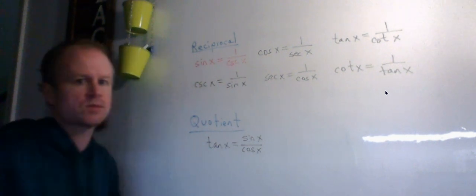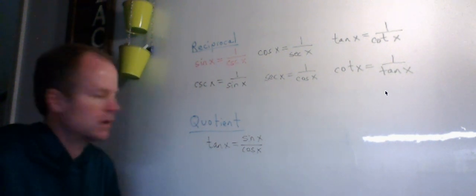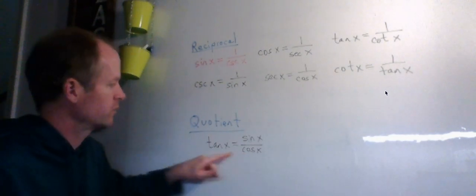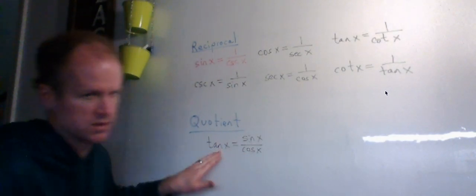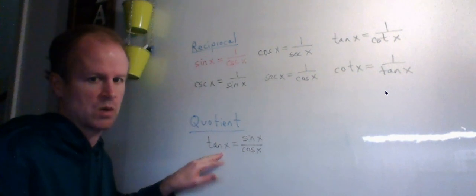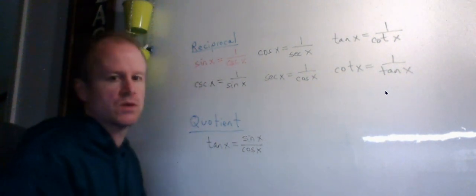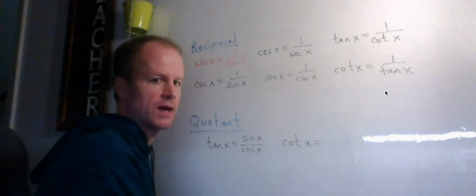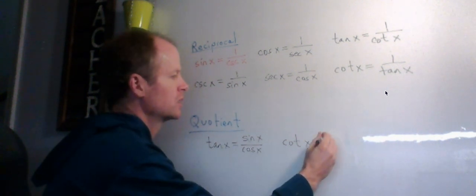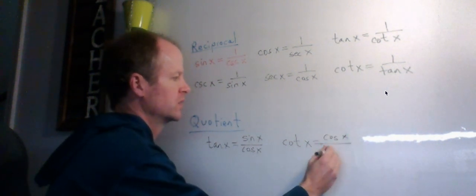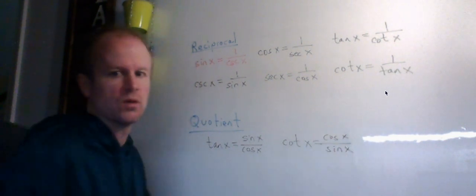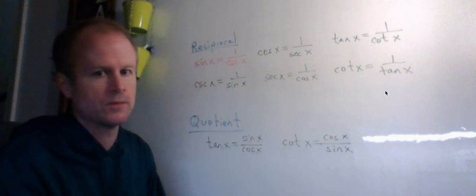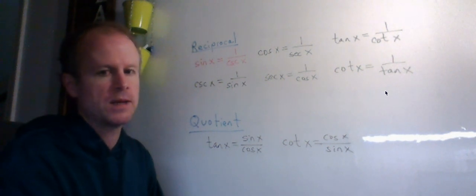And that makes sense because we know that sine over cosine is like saying y over x, which if we think about tangent is change in y over change in x, or slope on the unit circle. If we flip this around, cotan of x is the same as cosine of x over sine of x. So we're just flipping that first fraction because it's cotan, which is reciprocal. So these are some of the very basic identities.